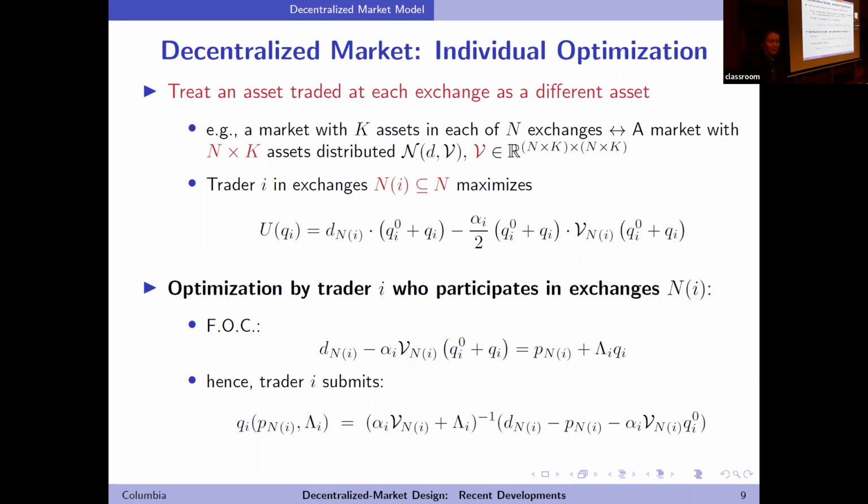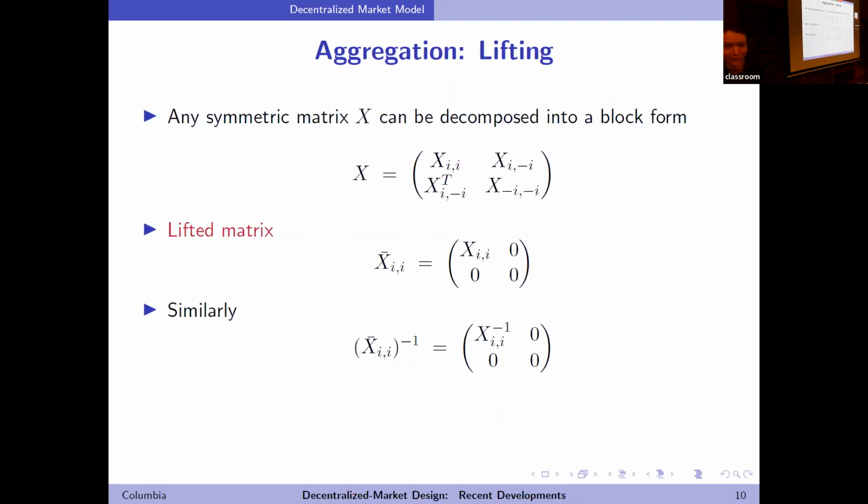These demands and hence price impacts live on different assets. They are submitted by different traders, and these price impacts can be of different dimensionality. Generally, price impacts will not be independent across exchanges, so we cannot apply aggregation exchange by exchange. In order to apply aggregation to all exchanges, we will use a procedure called lifting, which Elliot had anticipated.